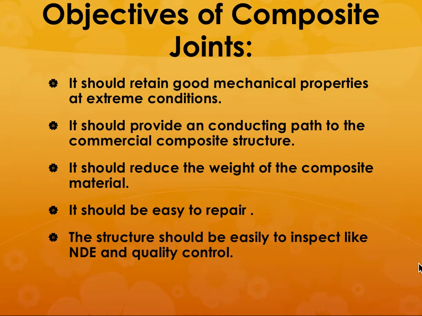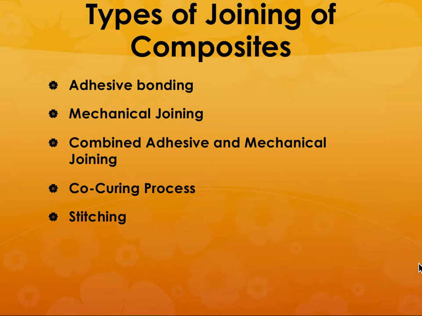And once you make it, it should be easy to inspect through NDE and apply quality controlling processes for this composite material. So the first technique is obviously the adhesive bonding.